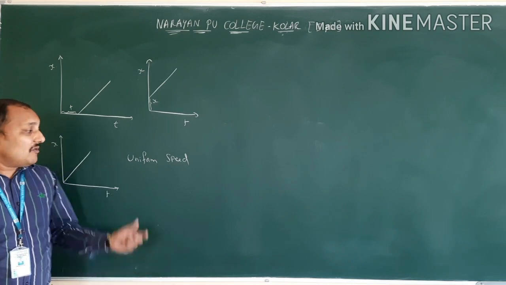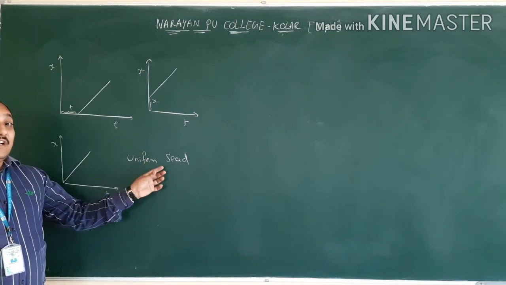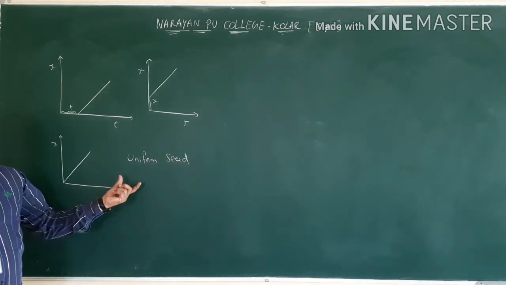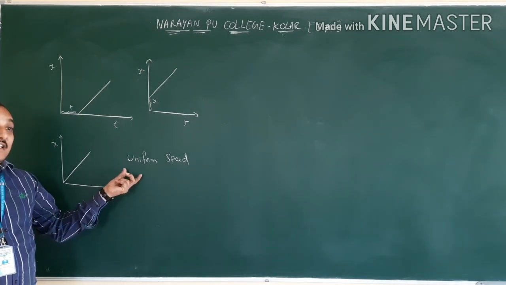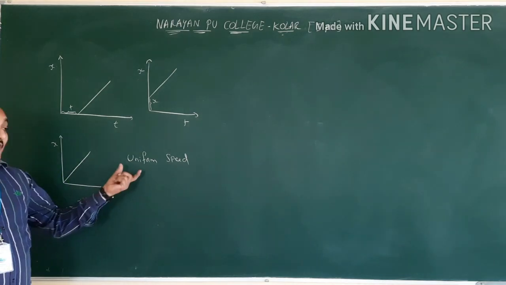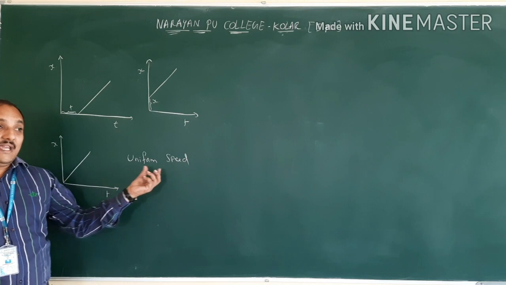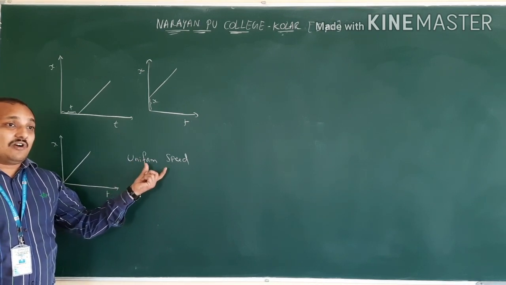Non-uniform acceleration. What is non-uniform speed? We said the object covers unequal distances in equal intervals of time. Now non-uniform acceleration means speed or velocity increases unequally in regular intervals of time. Understood? If velocity increases regularly, it means the same amount of velocity is added each time.